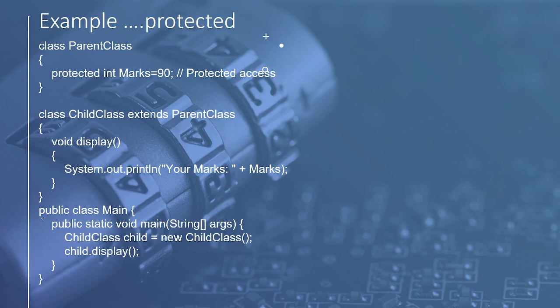Now public. This time I've used a main method, where we can see how an object is created and accessed, because there are now three classes. One is your main class, one is your child class, and one is a parent class. So we create the object of the child class, not the parent class.